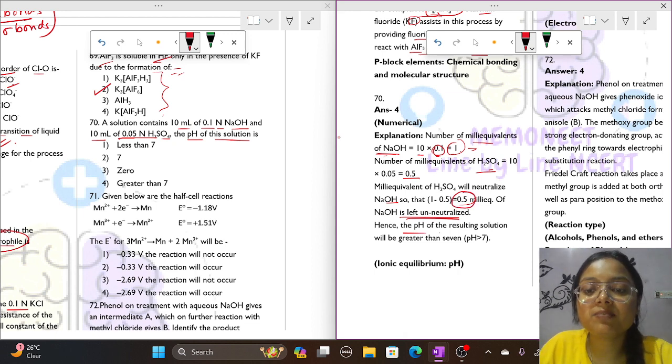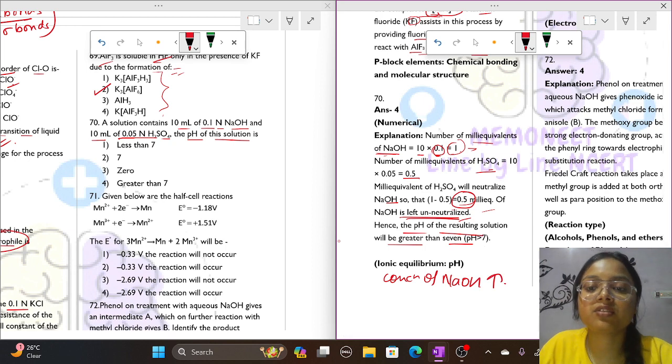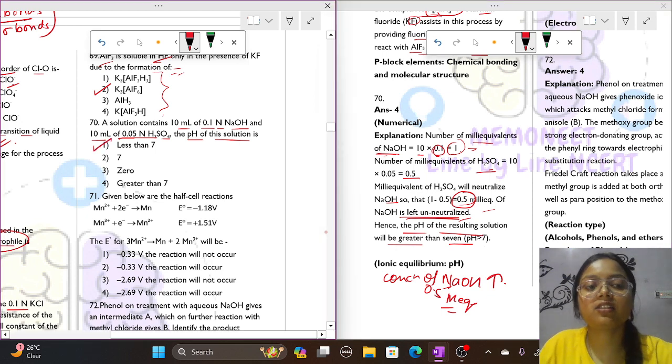So the pH of the resulting solution will be greater than 7, because the concentration of NaOH is greater in the solution, and automatically the pH will rise. So it is greater than 7, option number 4.